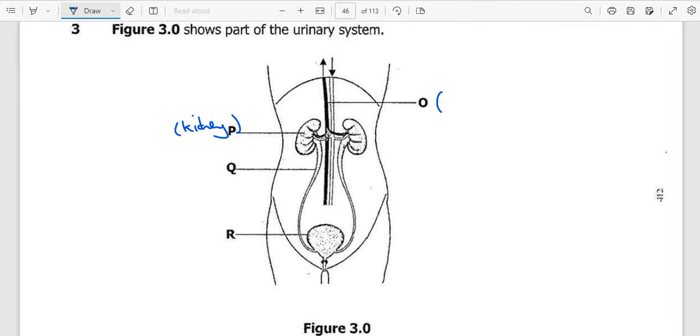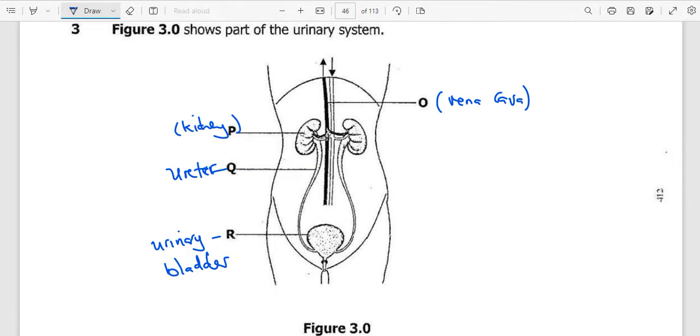So this blood vessel is the vena cava, and then from there we have the ureter, because it carries urine from the kidney up to the bladder here. So R is the urinary bladder.